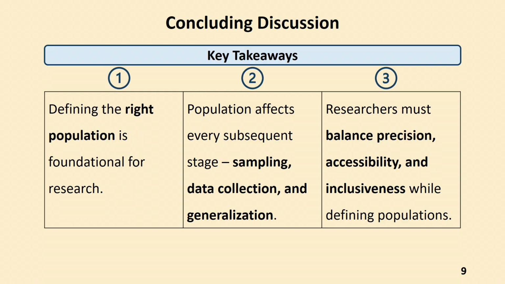Because population, I am reminding you again, is something over which you are going to execute things. For example, you will select your sample out of it, and the sample is what you are going to do your research on. So it is very important to define the population, because it is the foundation of your research.